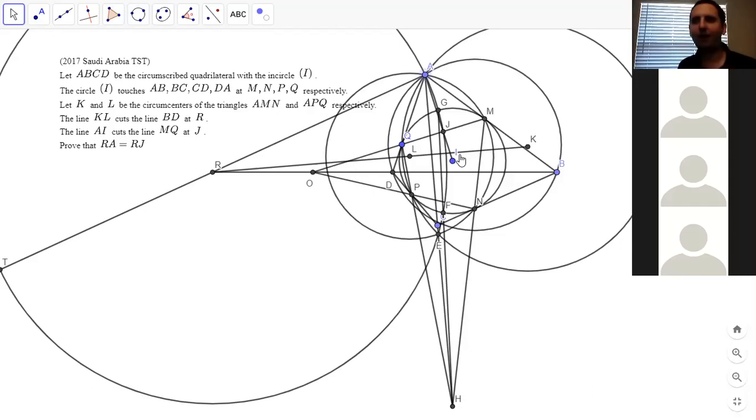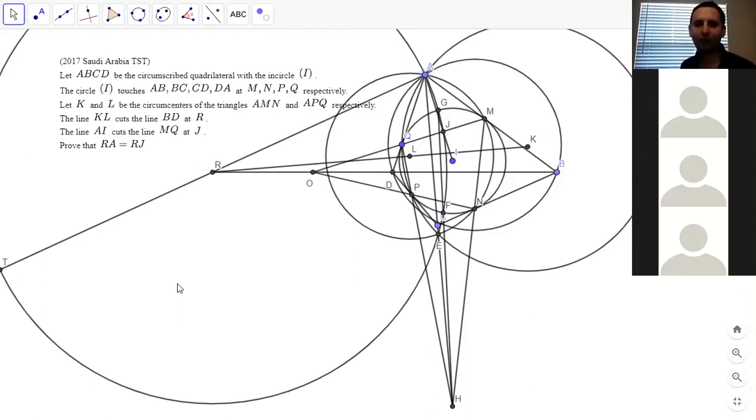This almost looks like IMO number 3 of this year, because we could let R be the circumcenter of A, J, E, and we want to show that R, L, and K are collinear. So we want to show it's collinear with two of the centers of the circles.